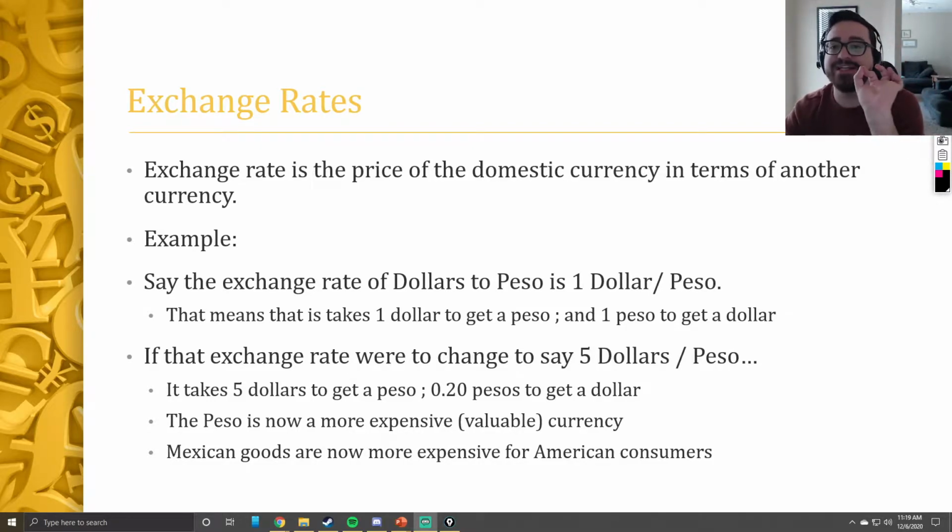But there is a price to that, and this is the thing to be aware of off this first slide. Whenever you're converting dollars to another currency in another country, what you are actually doing is buying that currency. Like you go to the exchange rate booth, they tell you it's $1 per peso, which is not the exchange rate. That is not anywhere close to what the exchange rate is. They tell you it's $1 per peso.